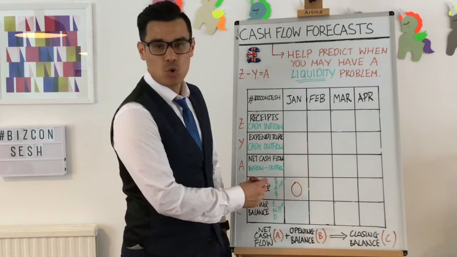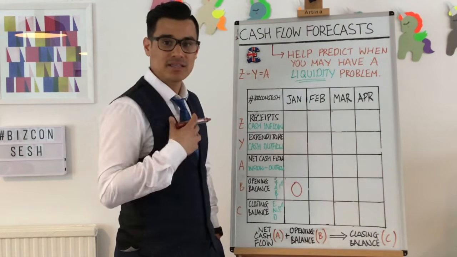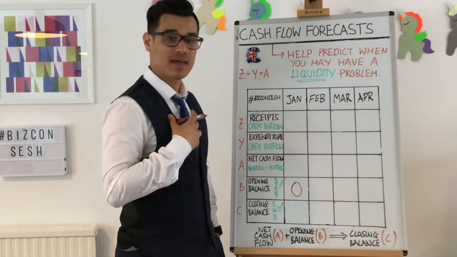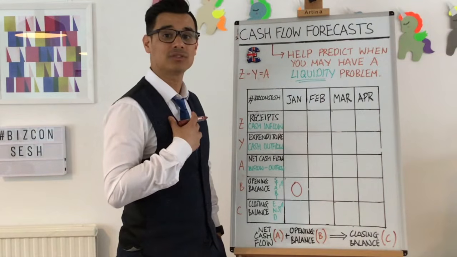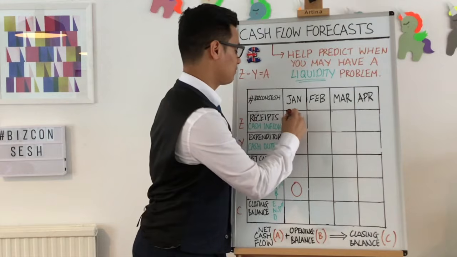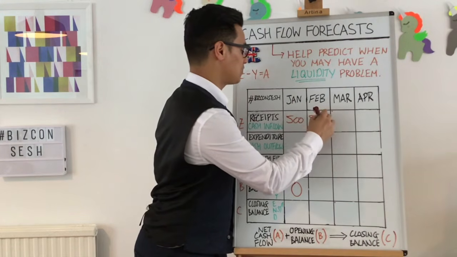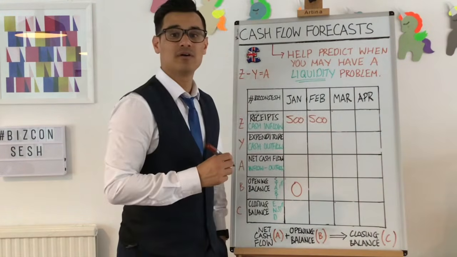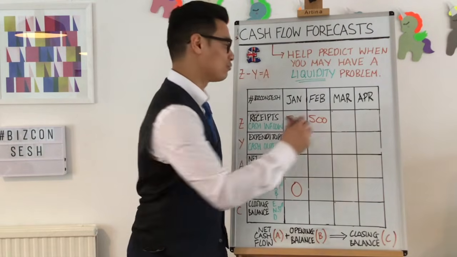Okay, so we saw that the receipts, the money that Sessions will get from doing their gigs, is £500 a month. So we can put £500 in January, we can put £500 in February, and we can put £500 in April.